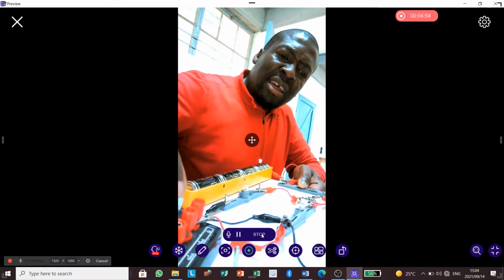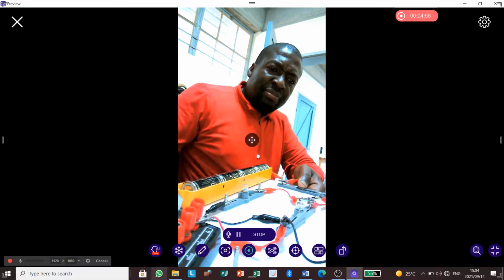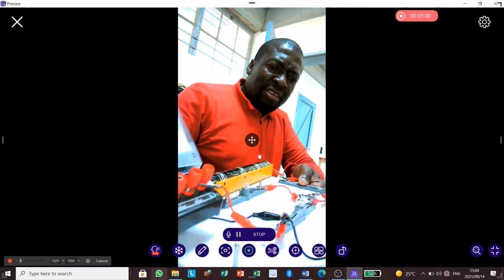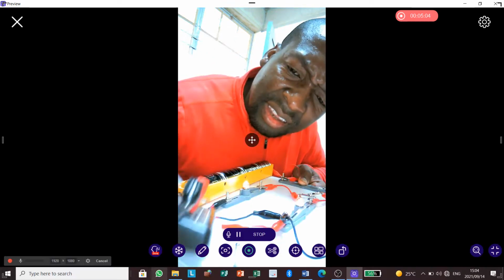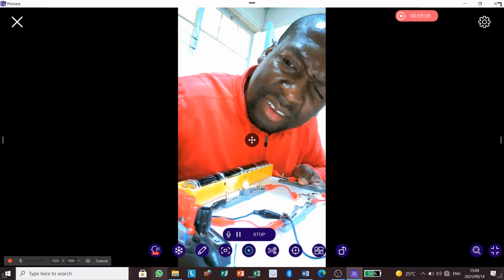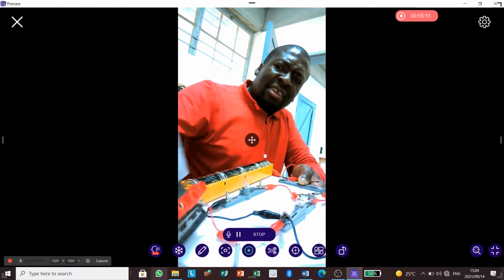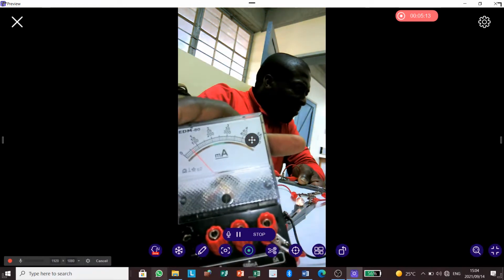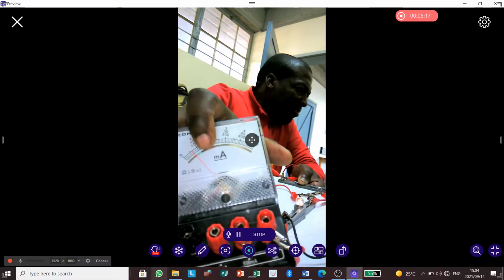Right. Let's have a look at when the third light bulb is connected. Now we notice that our current is now more than 500. You can see it there, 0.5.